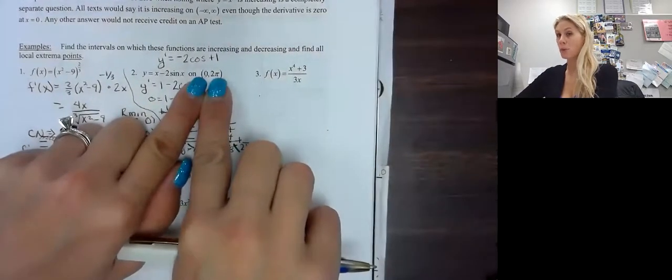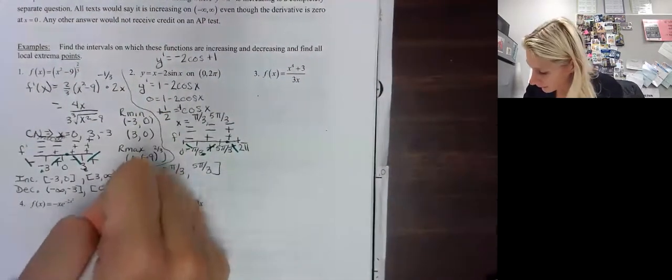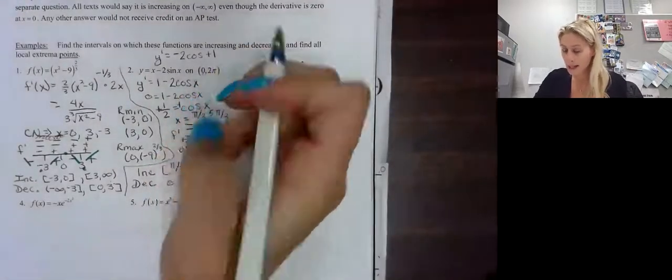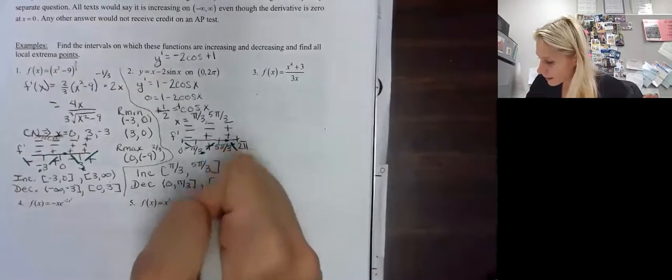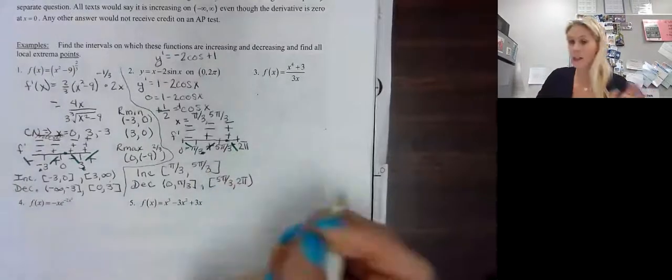So we're going to have parentheses around those endpoints. So decreasing goes from 0 to pi over 3. So remember, pi over 3, we're going to have brackets. Are they going to yell at you or mark off points? No. But the 0 has a parentheses. We need that. And the second one is 5 pi over 3 to 2 pi. Okay, we needed those endpoints because it was given to us at the very beginning.